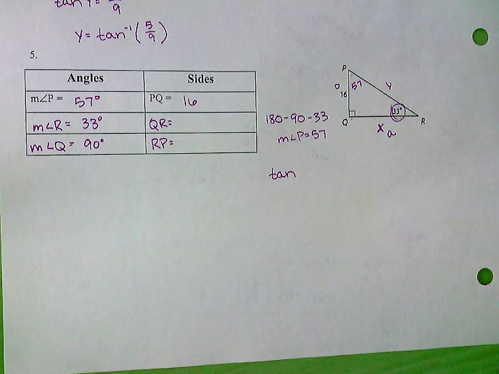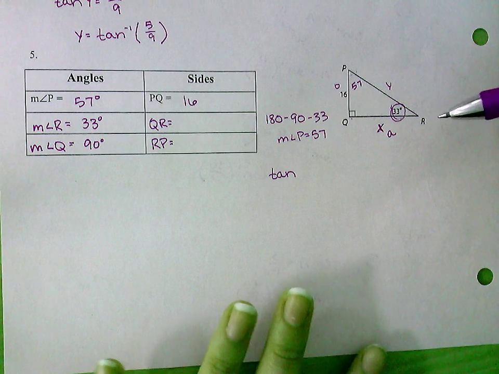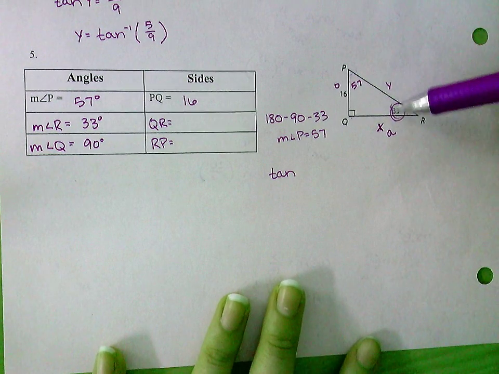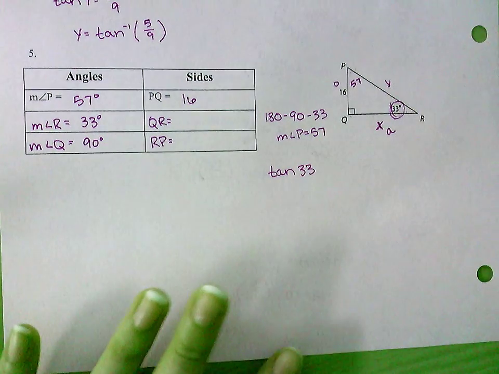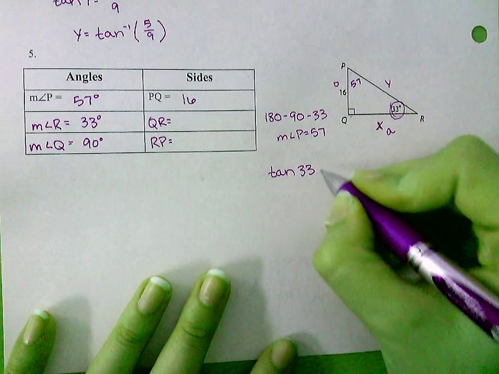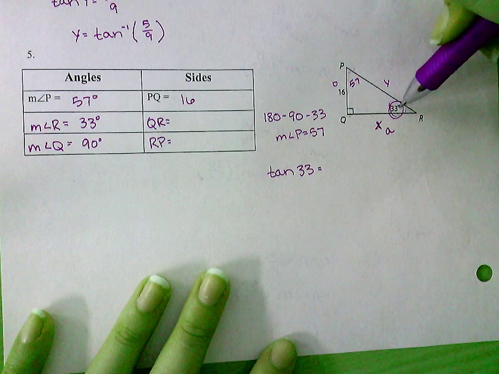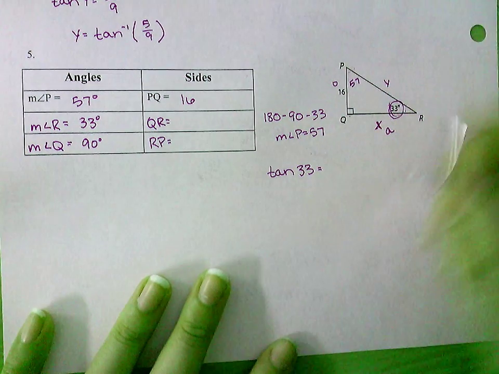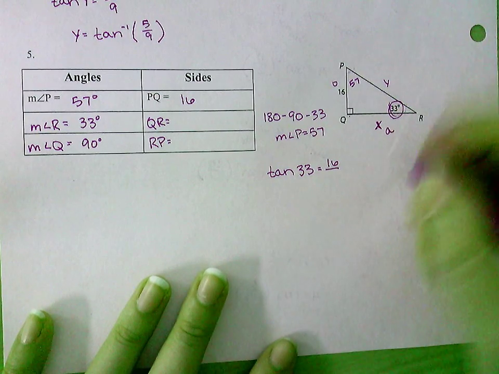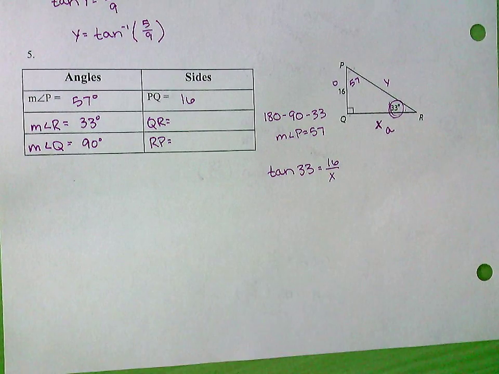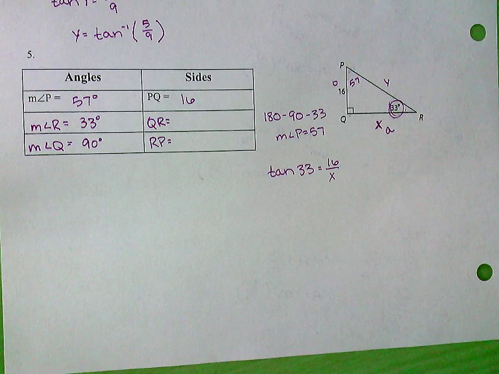So I'm using tangent, and I'm going from this angle. So I'm taking tangent of 33. That's equal to your ratio of sides. So I have opposite is 16 over the adjacent is X. Or you could label it as lowercase a for adjacent.